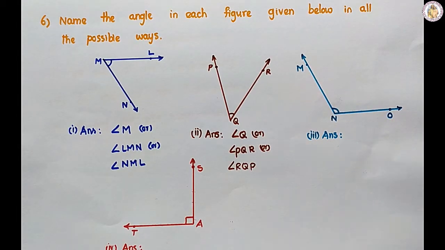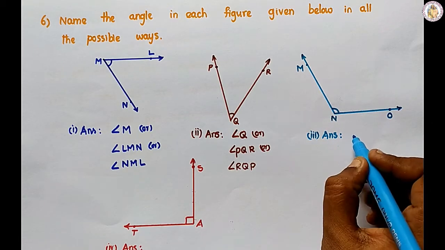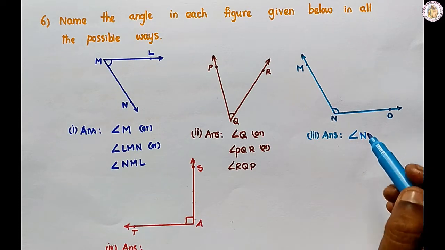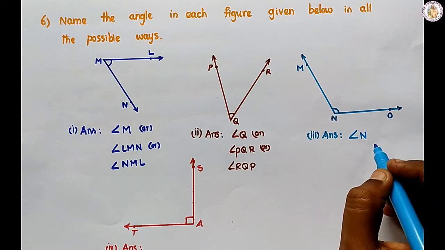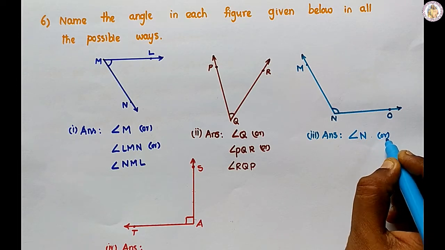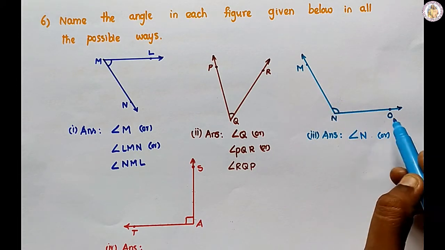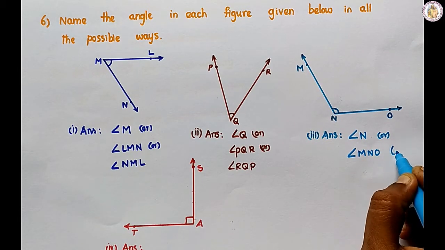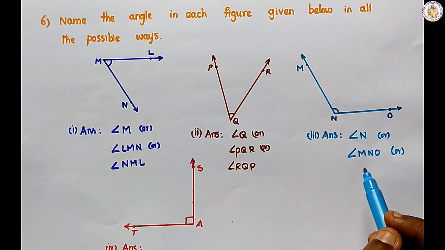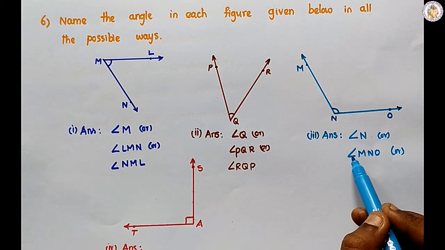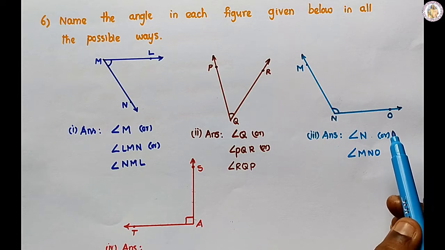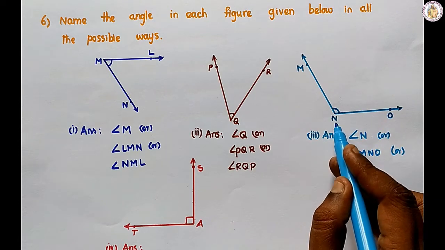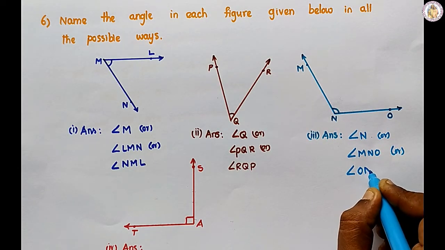Listen. Next one. Which one is vertex here? Angle N. So they say that the angle N, or angle MNO. For each one we put the angle symbol, right? You should put the angle symbol. And then angle ONM, right?